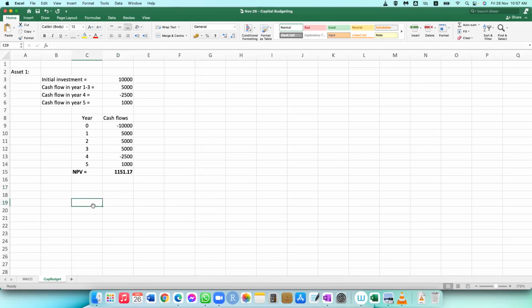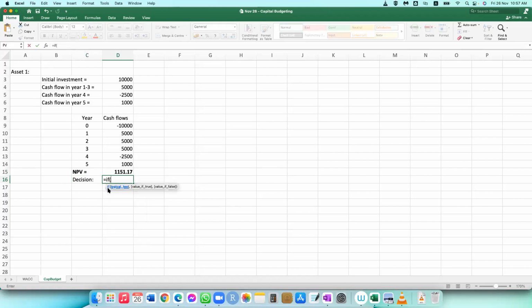So this is how you can find the NPV of a project. In this case, you can also write down the decision like this. You can use the IF function that you have learned before.